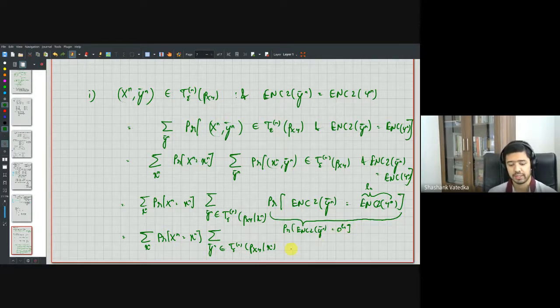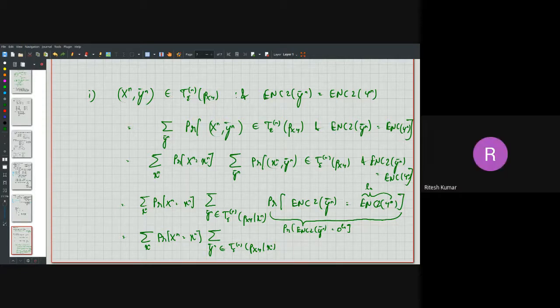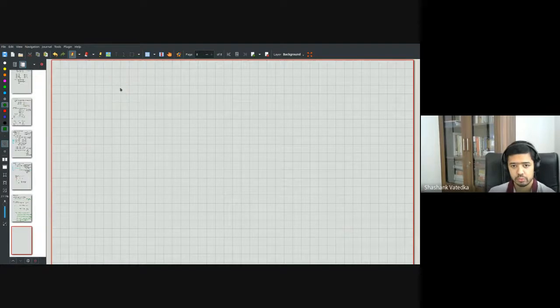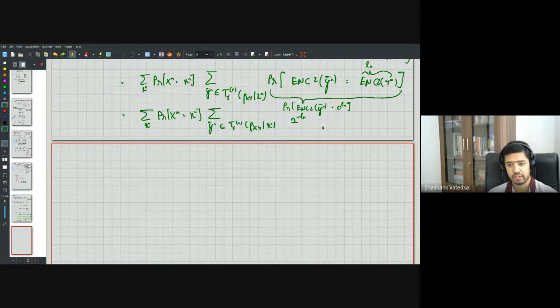Yes, it's 1 over 2 raised to ln, or 2 to the minus ln.